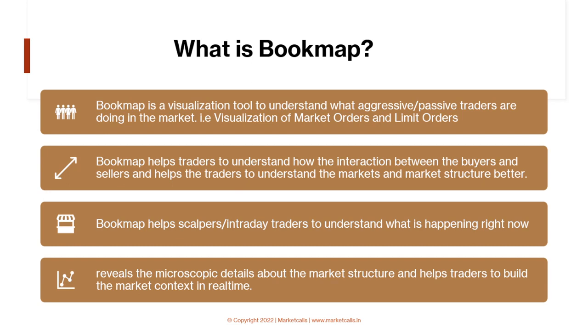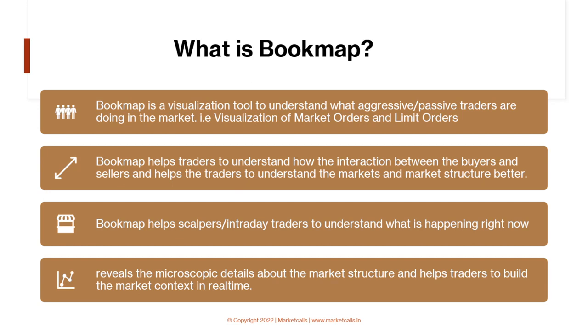Passive traders are the ones who supply liquidity to the markets, who send limit orders. So Bookmap is a tool to visualize aggressive activity, and at the same time, we can visualize passive activity. We'll get a holistic picture of what is actually happening in the market at a very microscopic level.